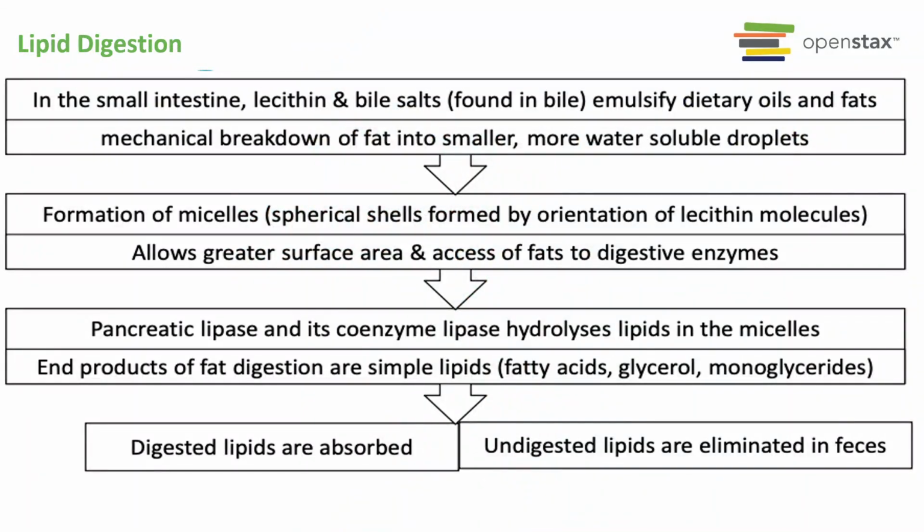This process is further summarized on this screen here with the flow chart, starting at the small intestine with the emulsification of dietary fats. The breakdown into more water-soluble droplets enables the spherical shells, known as your micelles, to actually help bring the fats and make them accessible for absorption.